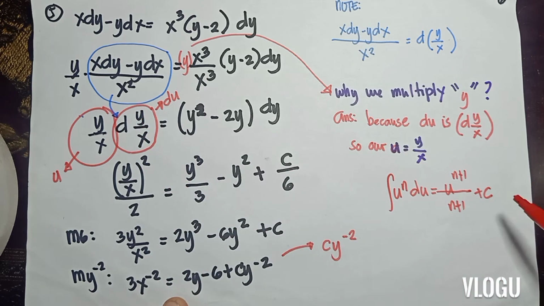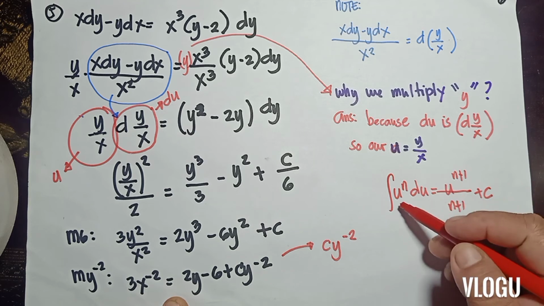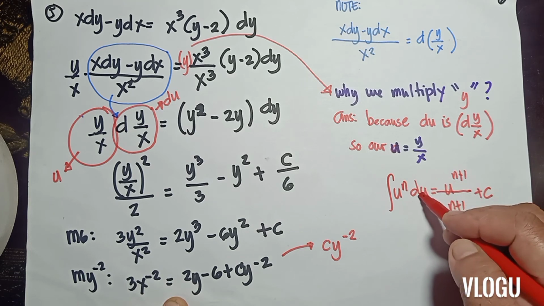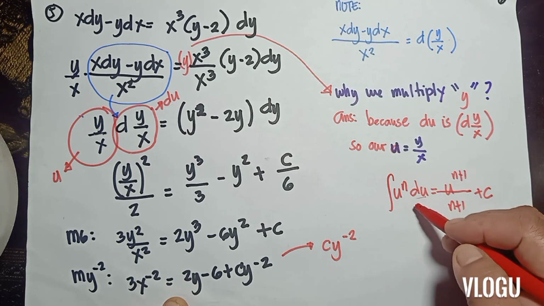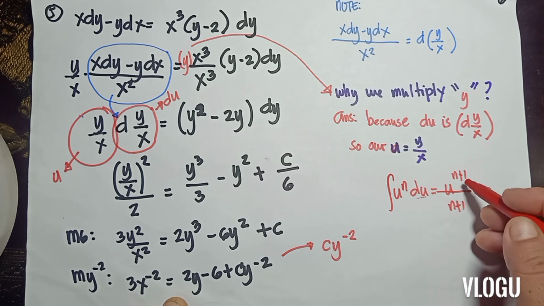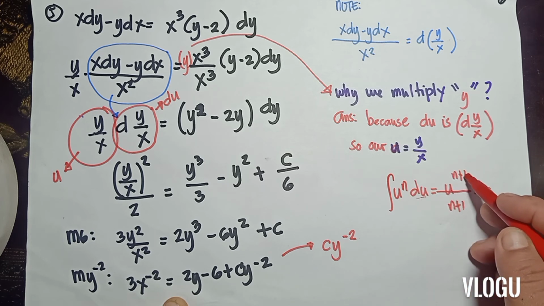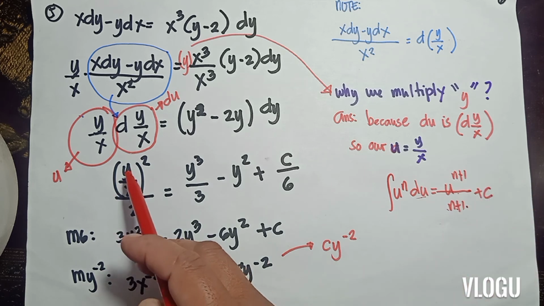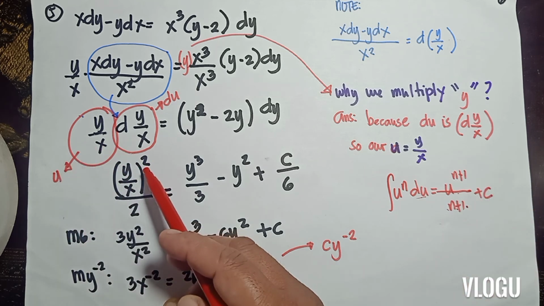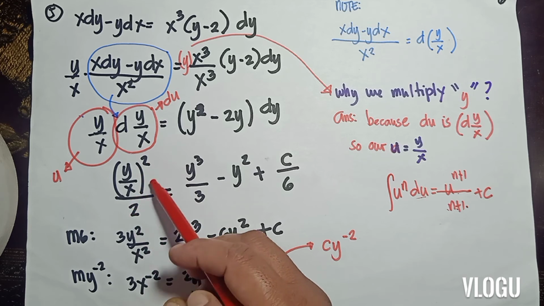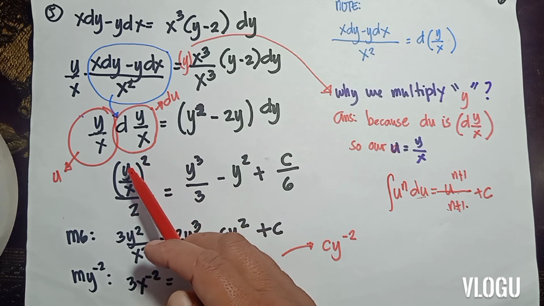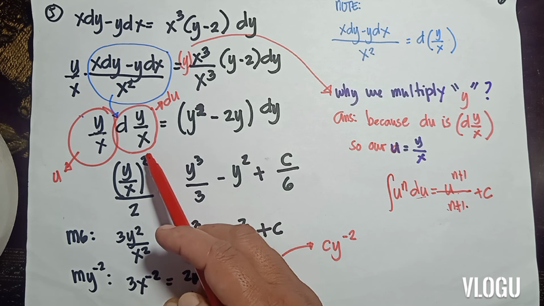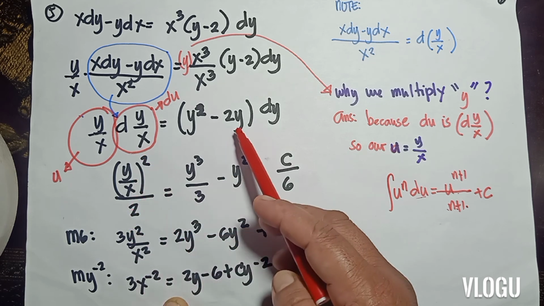Okay. From our form, if you have a complete form of u to the n du, okay. If this is now complete, so proceed now to u to the n plus 1 over n plus 1. So that's it. You will have u to the n plus 1 over n plus 1. Your n is 1. So, you will have y over x, that is your u, to the n plus 1. So, that is squared over 2.